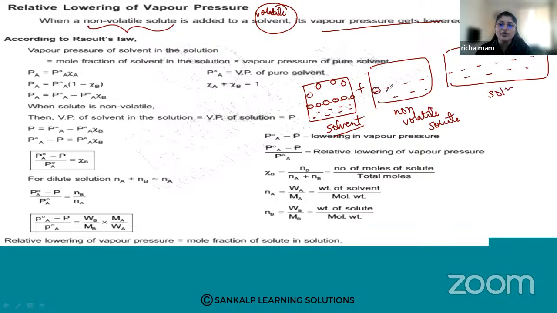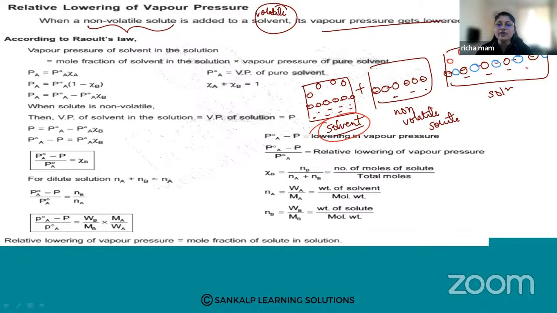What will happen when you form the solution? You can see that the molecules of volatile solvent and non-volatile solute will both be present at the surface, and only the molecules of the volatile solvent form the vapors. So compared to the pure solvent, the formation of vapors will be less in the solution.